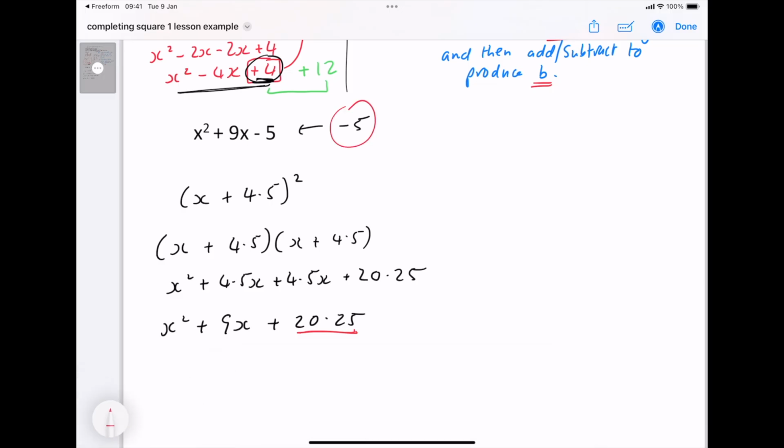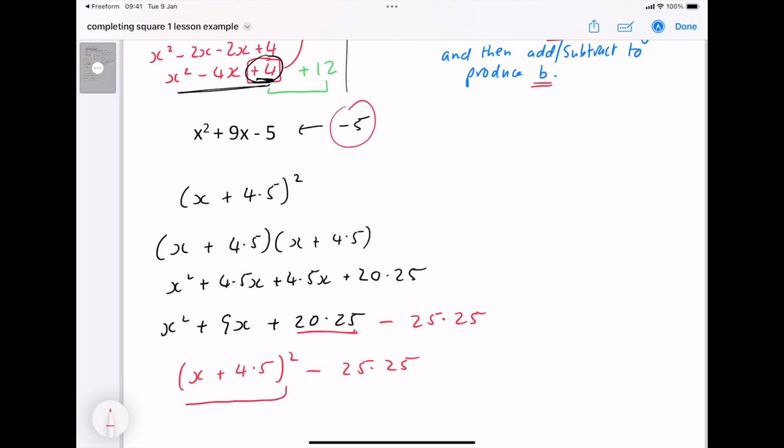Think about it. Do we need to add or subtract to get to negative 5? Well, the answer is we've got to take away the correct number to get to negative 5, because negative 5 is a lot less than 20.5. So we need to take away 20.5 to get back to 0, another 5 on top. To make this work, I need to minus 25.25. The final answer will be x plus 4.5 all squared minus 25.25.